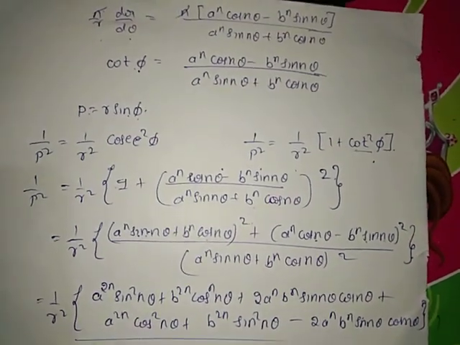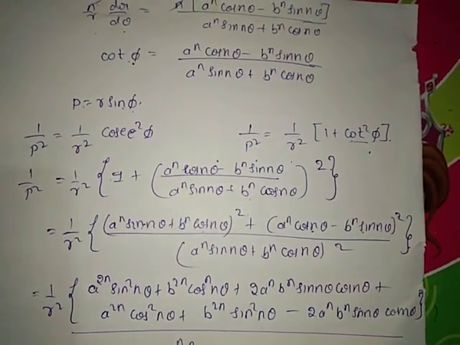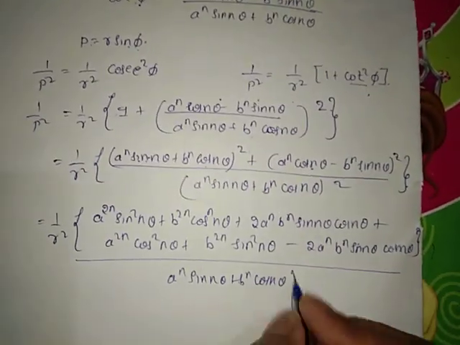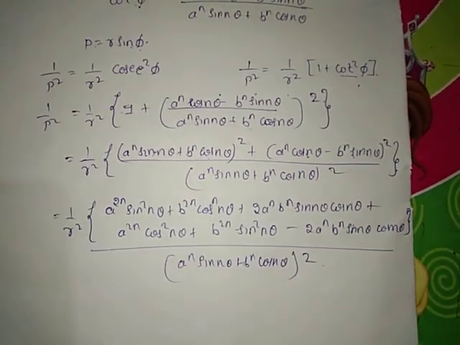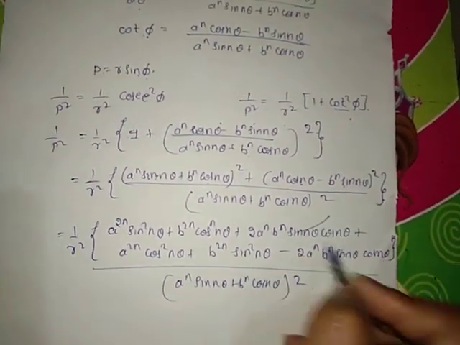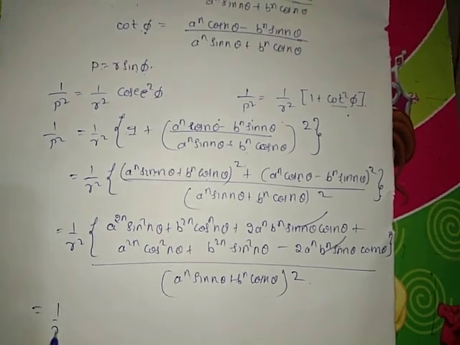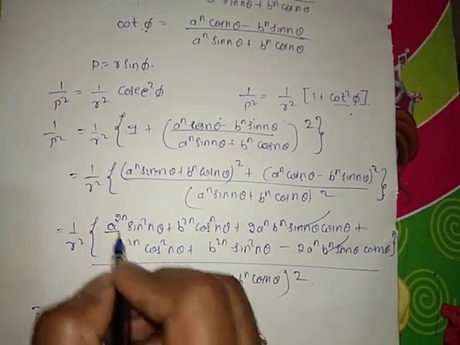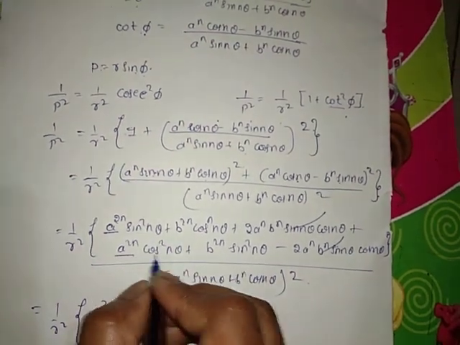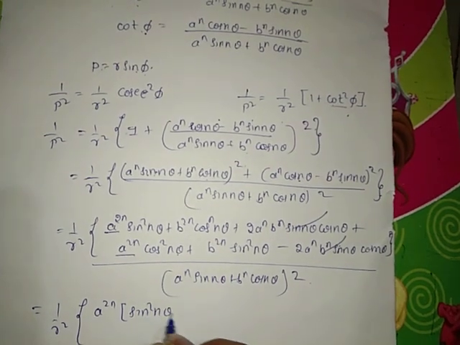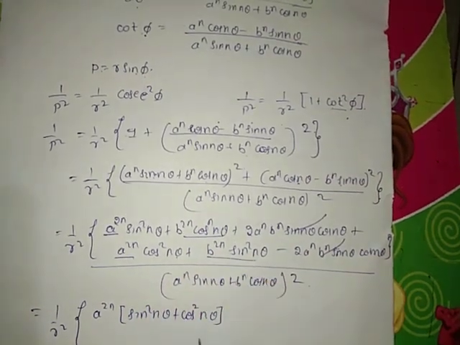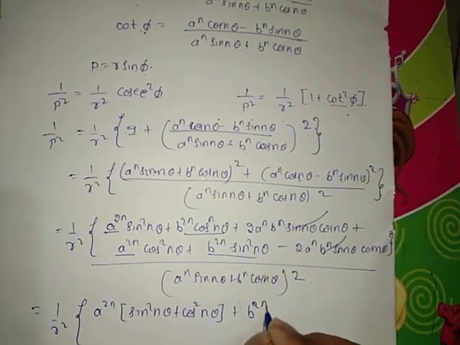Now divide this entire equation by a raised to n sin n theta plus b raised to n cos n theta whole square. These two terms are common, cancel it. 1 by r square into, here also a raised to 2n, here also a raised to 2n. Take a raised to 2n common. Remaining is sin square n theta plus cos square n theta. Here also take b raised to 2n common.